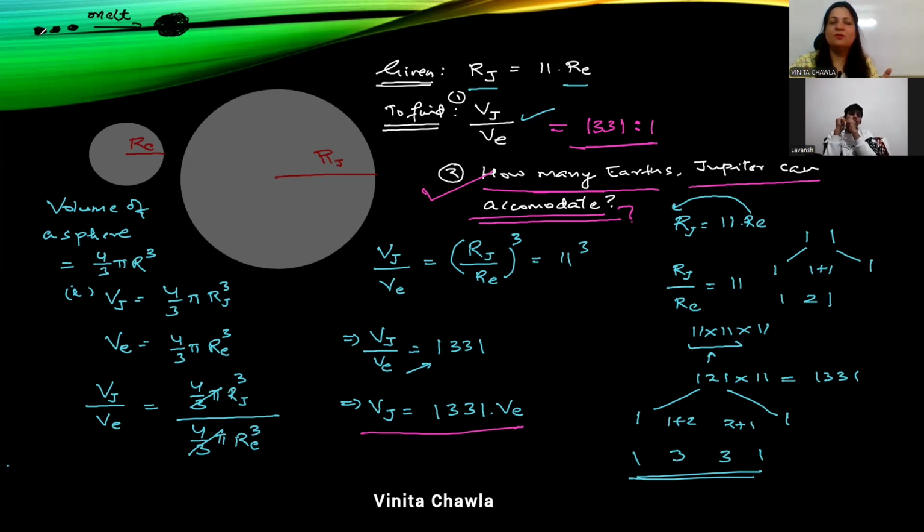So these balls have equal radii, let's say r for each ball. Now the bigger ball is of radius capital R. Because we have melted it and reformed it, a new ball has been formed. Now r is given, it's 2 centimeter, and you are asked to find capital R. Then how do you find capital R?